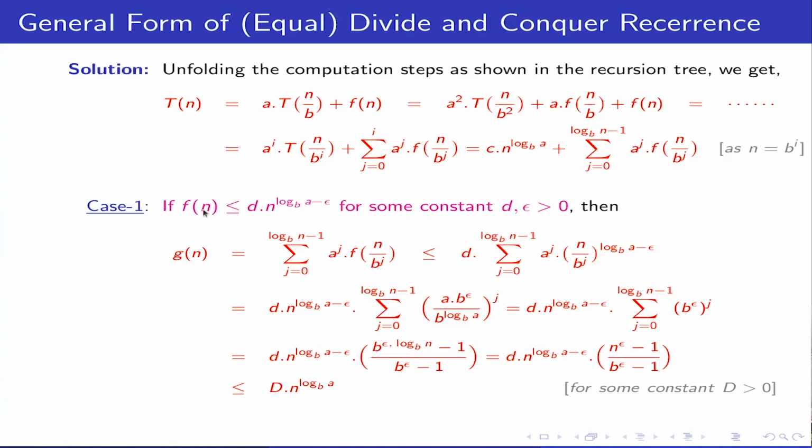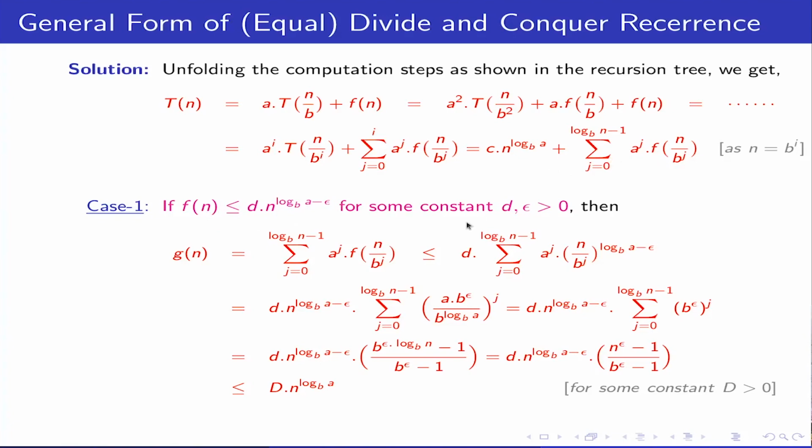Because if you take the limit of f(n) by this term, it will result in 0, because this minus epsilon is less than or equal to that. So therefore the f(n) function is dominated by this function. Always the curve for f(n) after a certain point will be dominated by n to the power log a base b. That's why we are getting minus epsilon, this n to the power term is dominating.